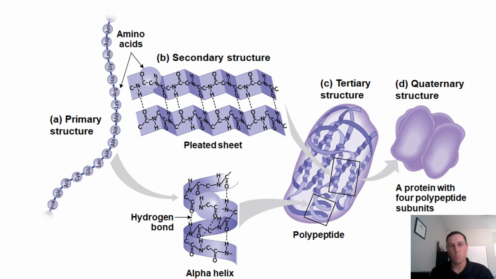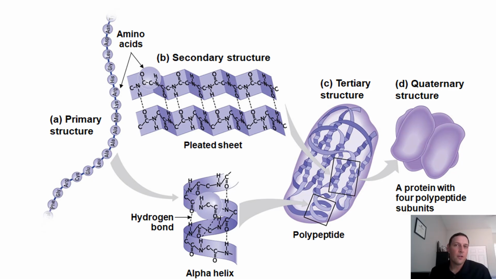So you can think of it as multiple big pieces coming together to reach the final form of the protein that we call quaternary structure. If a protein has two subunits, how those two subunits align with each other and are held in place is its quaternary structure. If it has three subunits, how those subunits are held in place, quaternary structure. Four subunits, same thing, and so on and so forth.